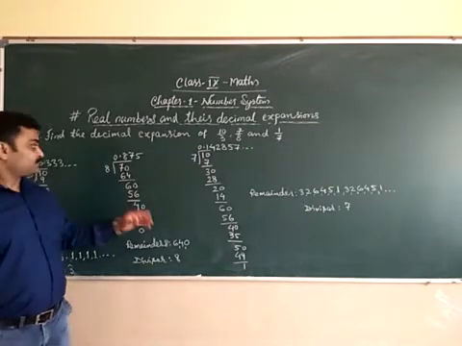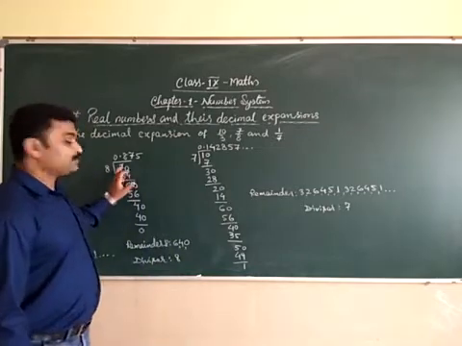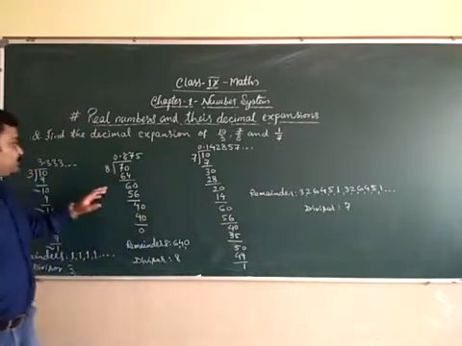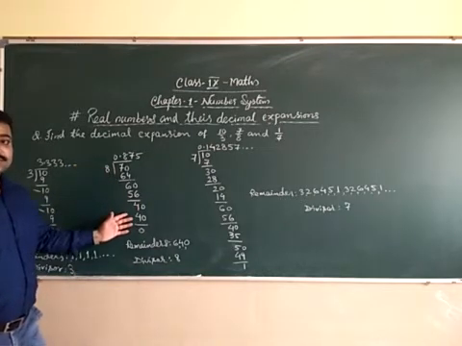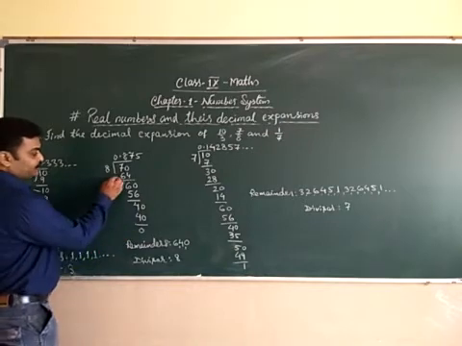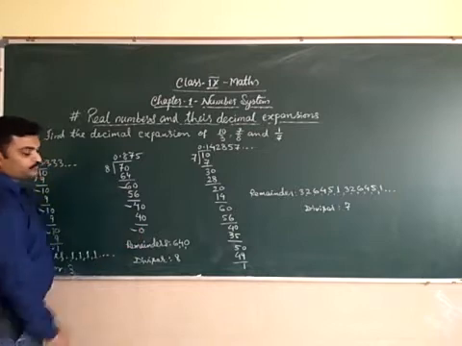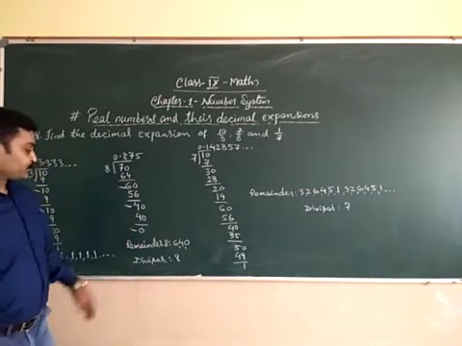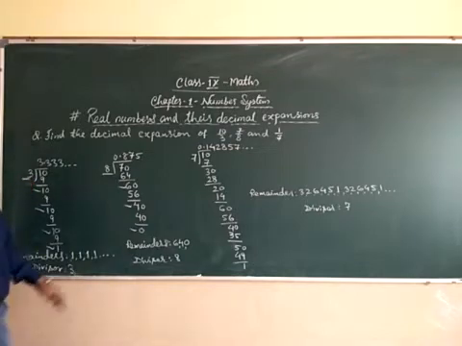In the second case, when we divide 7 by 8, we get this type of steps, and here the remainders are 6, then 4, then 0, in this way. Here the divisor is 8, here 3 is the divisor.